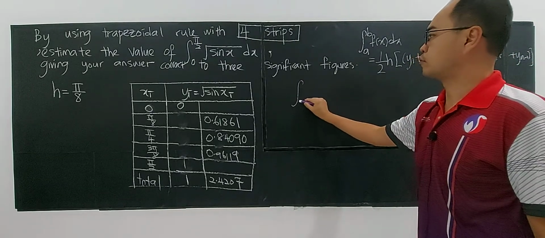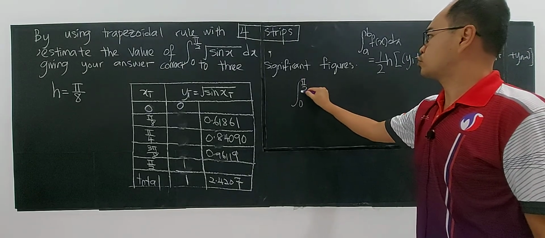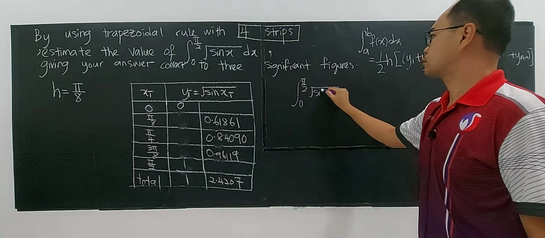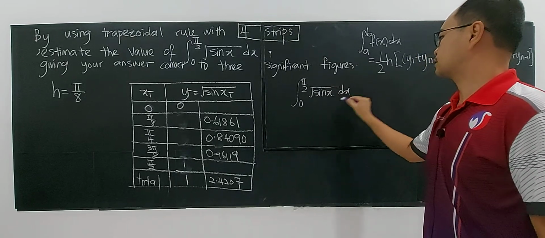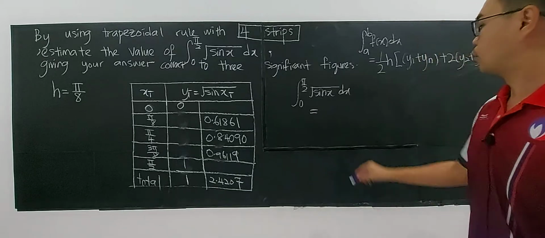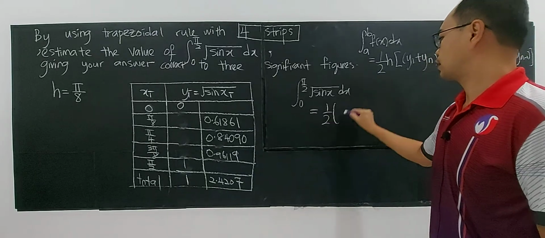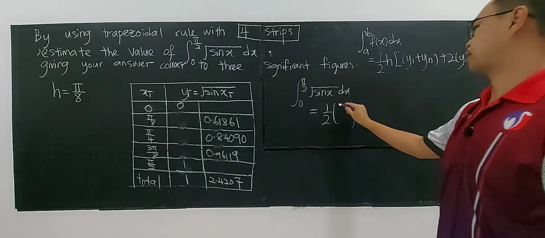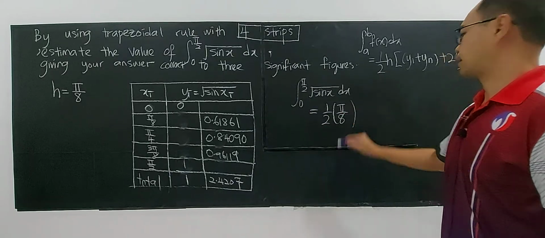So the integral from 0 to pi over 2 of square root of sine x dx is the same as 1 over 2h, where the value of h here is pi over 8, right?